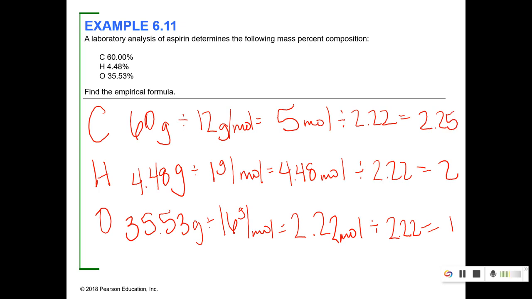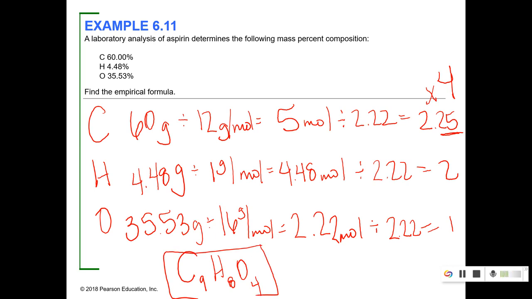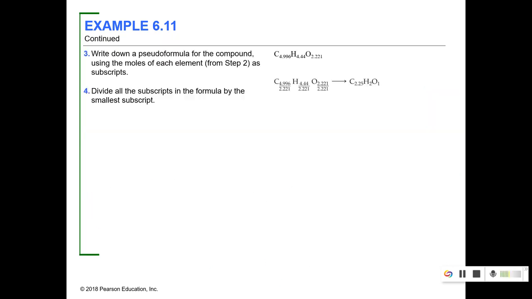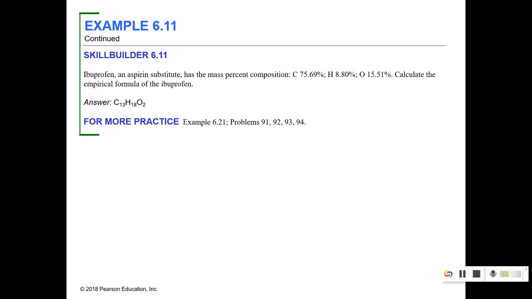Okay, so in this scenario, we do all of our steps. Carbon ends with 0.25, which means we need to multiply them all by 4. So I get C9H8O4. Please make sure to ask if y'all have questions.